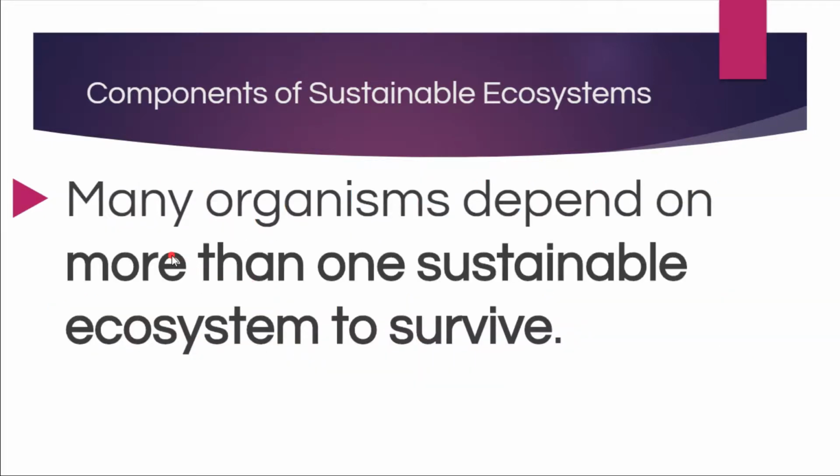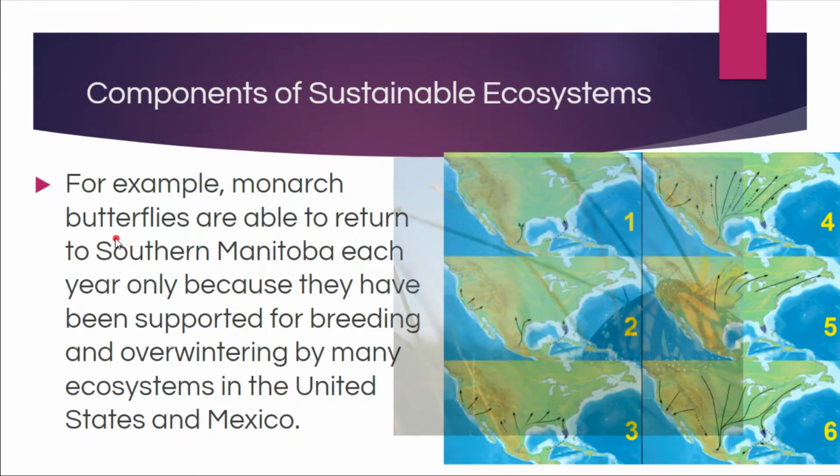Many organisms depend on more than one sustainable ecosystem to survive. For example, the monarch butterfly is able to return to southern Manitoba each year because it has been supported for breeding and overwintering by many ecosystems in the United States and Mexico.